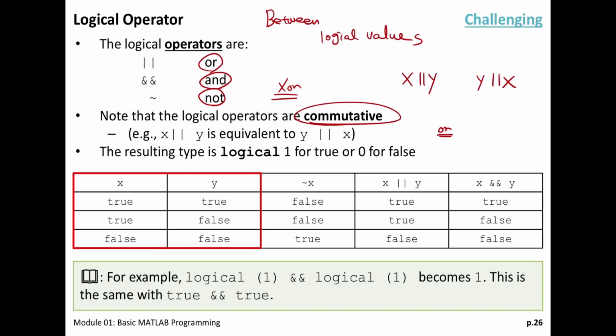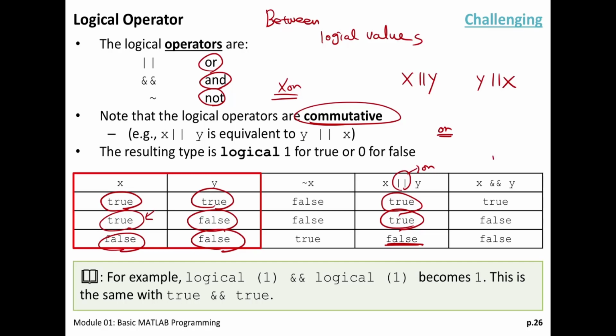Let's see this column. This is the OR operator. If x is true and y is true, true, because there's at least one true. True, false, also true, because there's a true here. But if you're false and false, these are false, because there's no true. Easy, right?